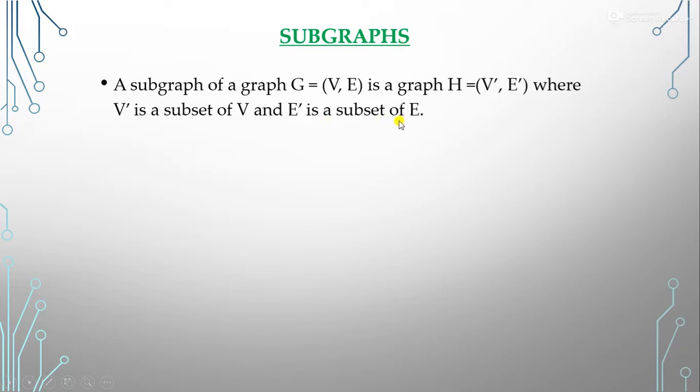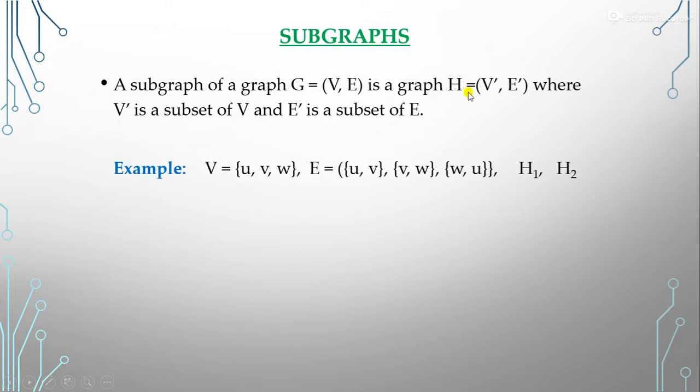The subgraph is another graph which comes from the graph G. It means in the subgraph you have fewer vertices and fewer edges from G, the main graph. So that is the subgraph.